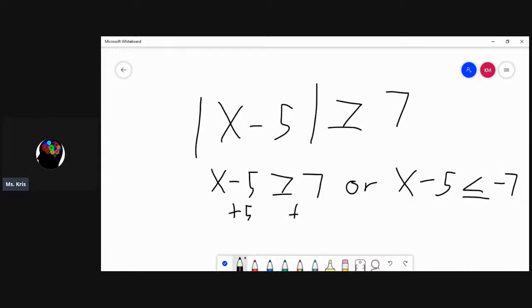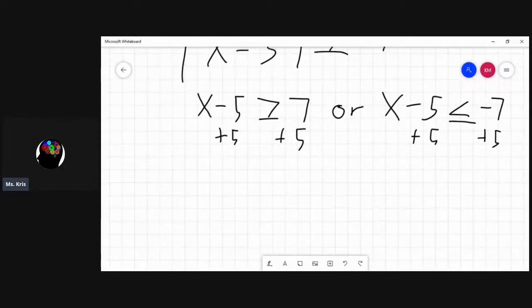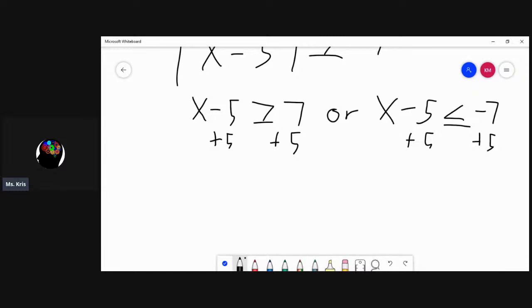So, add 5 on both sides. Add 5 on both sides. And x comes down.